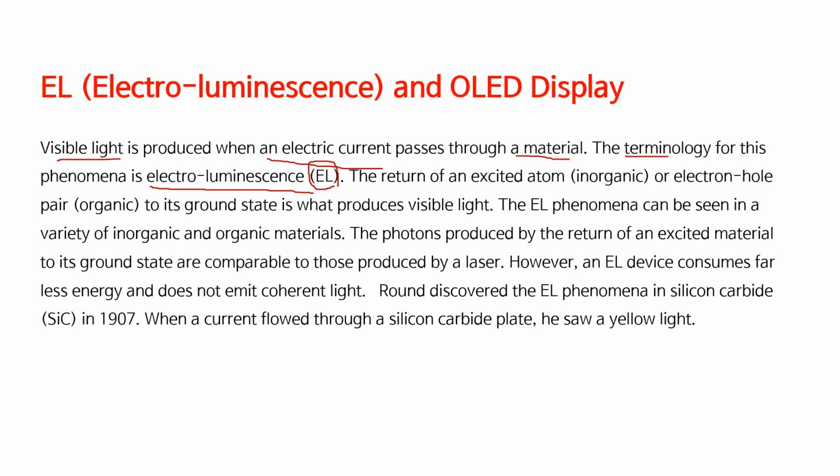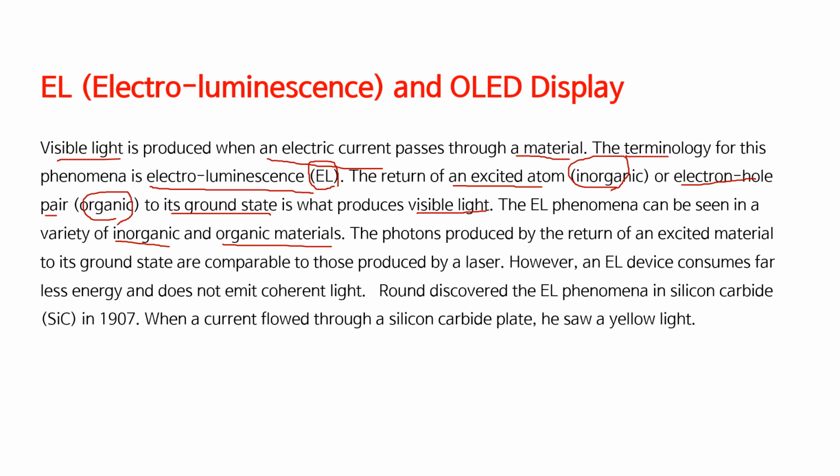The return of an excited electron-hole pair in organic material to its ground state is what produces visible light. The EL phenomenon can be seen in a variety of inorganic and organic materials.